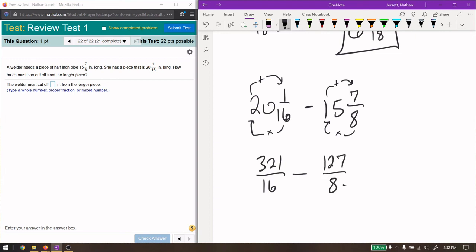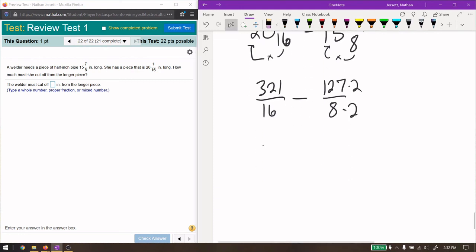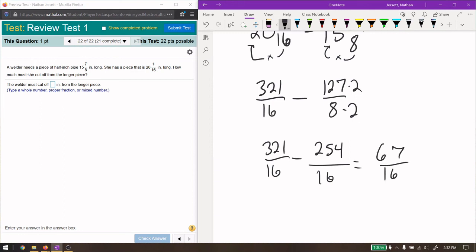Common denominators, we just need to multiply 8 by 2. 2, 4, 2, 5, 4. Let's make sure of that. Yep. 16. We get 67 over 16.